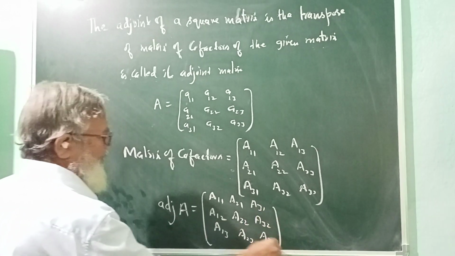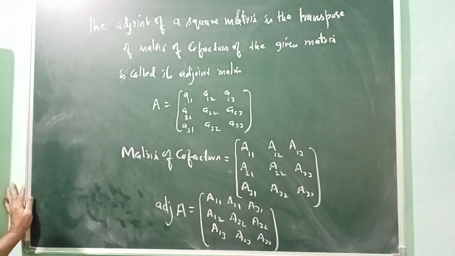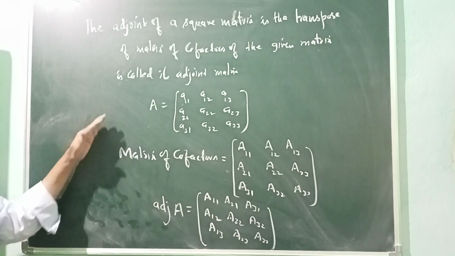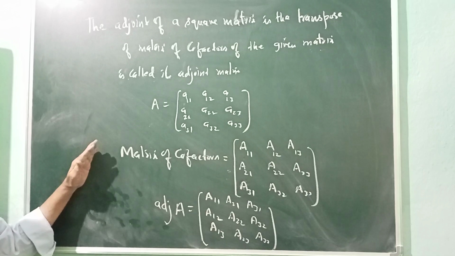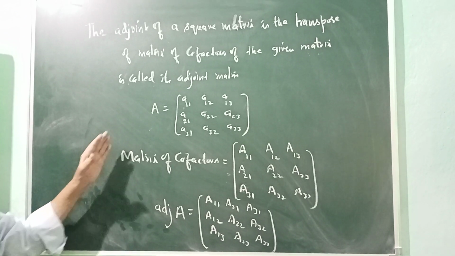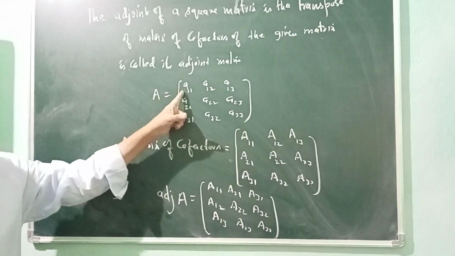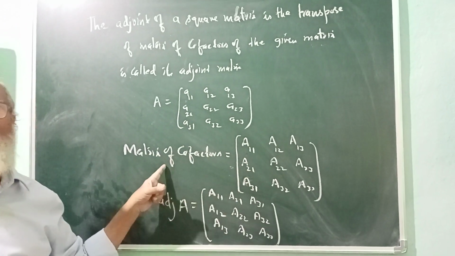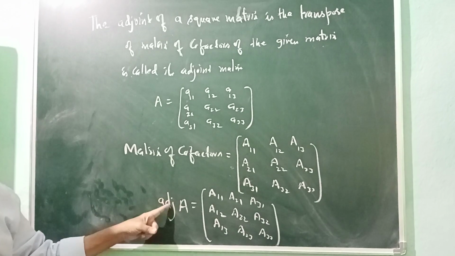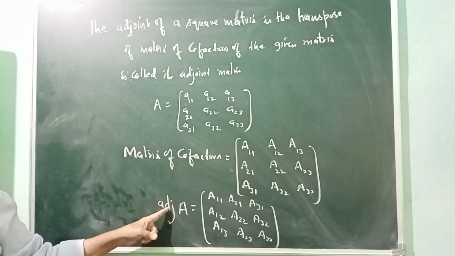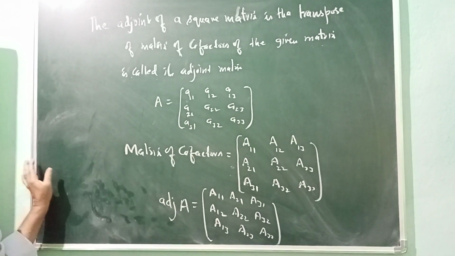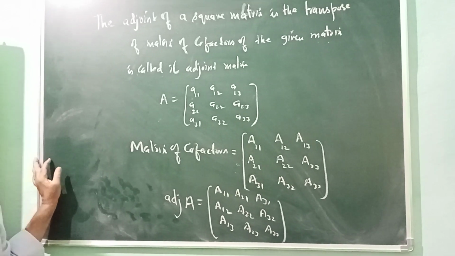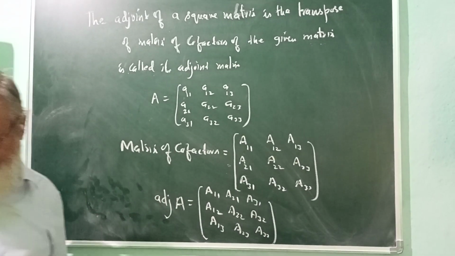So this is called the adjoint of A. Here the process of finding the adjoint will be clear. To find the adjoint of any square matrix, we have to find the cofactor of each element, form its matrix, and then take the transpose of this; that will be the adjoint of A. This is the definition of the adjoint of A.